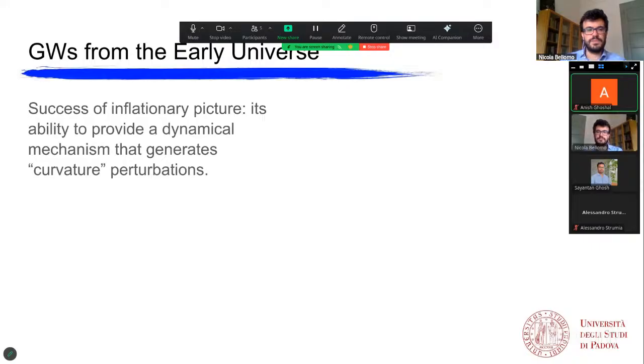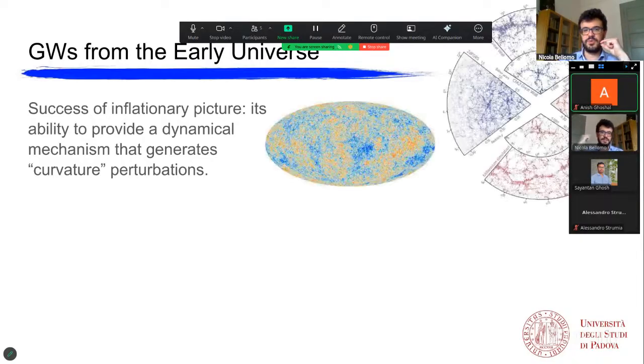So far we have proof that inflationary pictures are extremely successful in providing a mechanism that creates curvature perturbations that later produce the set of observations we are very familiar with, such as the cosmic microwave background radiation, or plant the seeds of what are going to become the large structure of the universe.